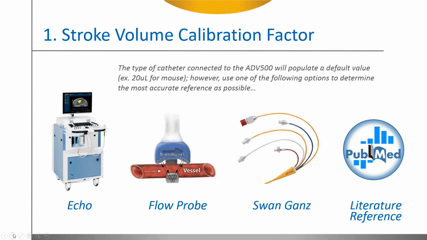For larger animals, the Swan-Ganz catheter has been used for measuring cardiac output and deriving stroke volume, which can then be used for calibrating admittance systems. Finally, when necessary, it's often possible to find comparable studies in the literature that will provide reasonable estimates of cardiac output and stroke volume for a given experimental protocol.